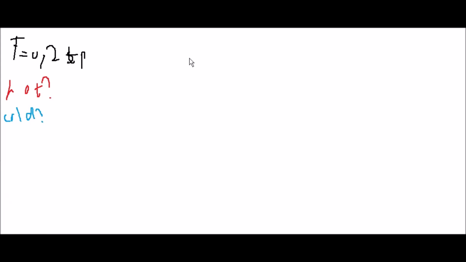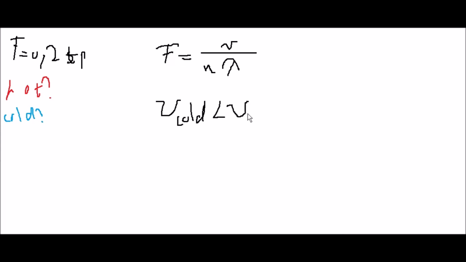Let's write our formula here with velocity and lambda. Remember, V cold is always smaller than V hot, because for some reason you fling back faster if you're experiencing hot water.